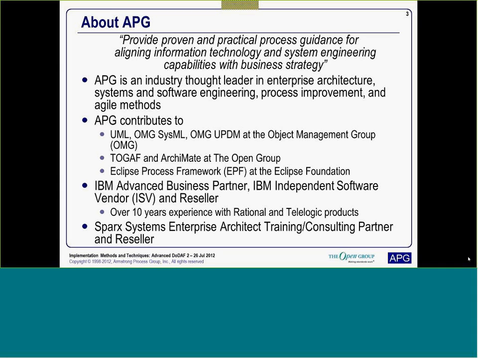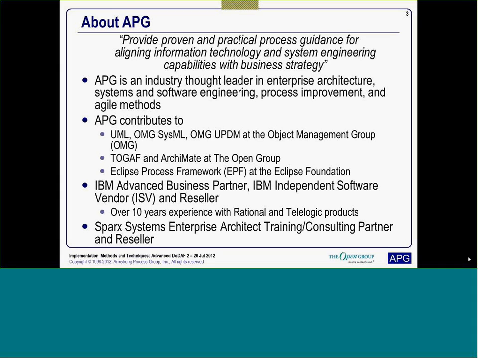So, just about APG, our mission is to provide proven and practical process guidance for aligning information technology and systems engineering capabilities with business strategy. We are members of a number of industry standards organizations, including, again, the OMG, as we talked about briefly before. We're also members of the Architecture Forum at the Open Group and contribute significantly to the advancement of the TOGAF architecture framework, as well as ArchiMate, and also have a role in the Eclipse Foundation as a part of the Eclipse Process Framework project.